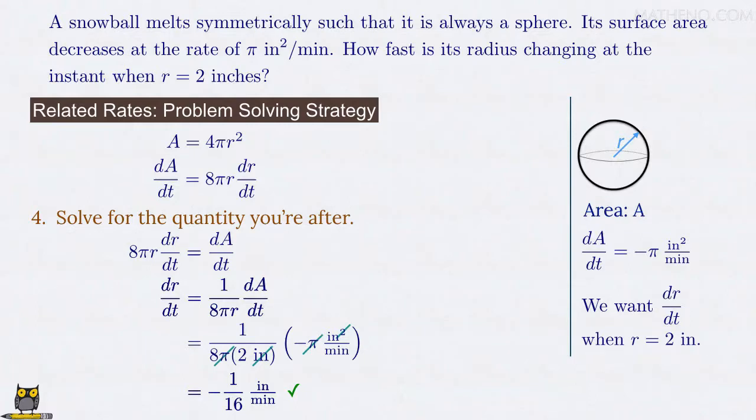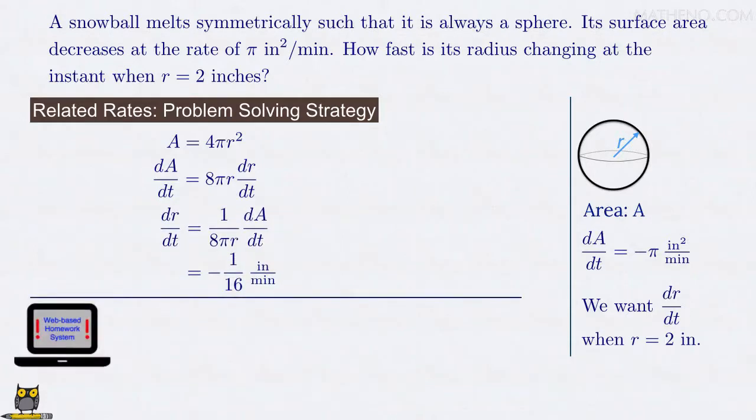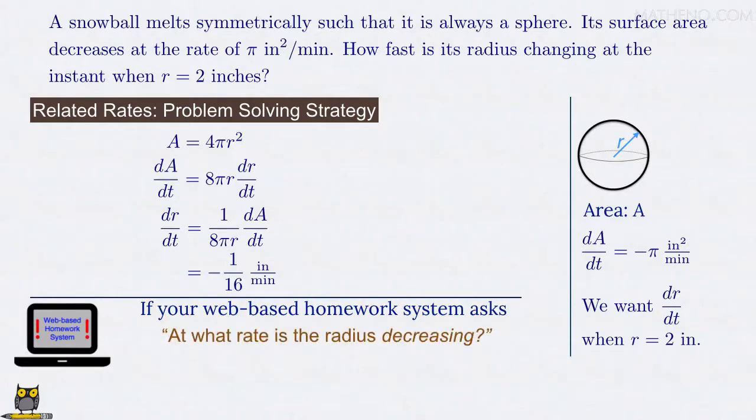That brings us to one important warning. If you are using a web-based homework system, and the problem asks, at what rate is the radius decreasing? Note that that's a slightly different question than the one at the top of the screen, which asks, how fast is the radius changing?